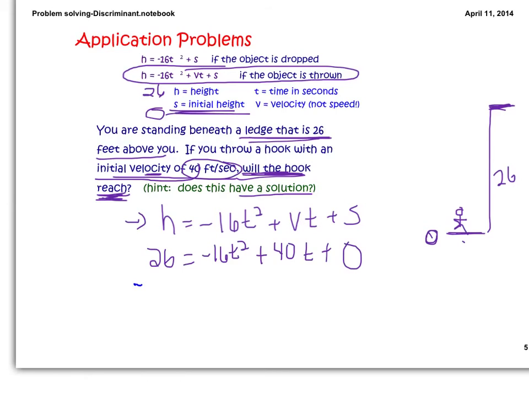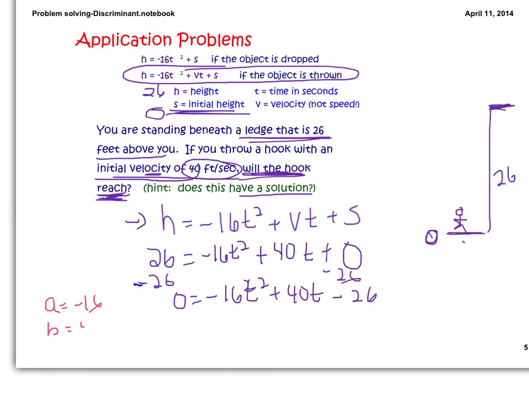It is not in standard form, so we have to put it in standard form. So now we have 0 equals negative 16t squared plus 40t minus 26. And then we have to pull out our a, our b, and our c. So a is negative 16, b is 40, c is negative 26.